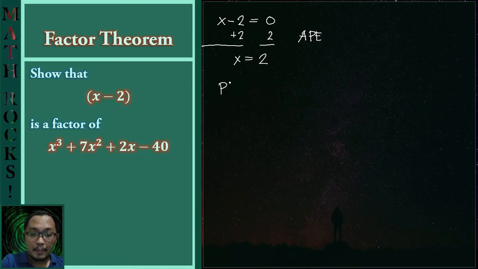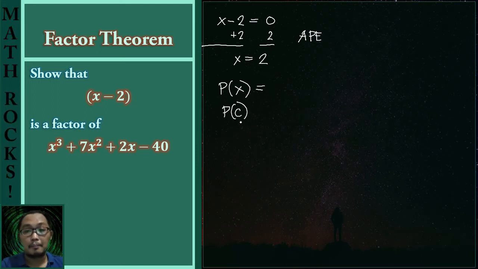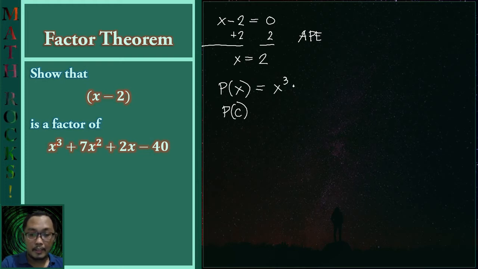Remember that for us to get the remainder of dividing such polynomial p of x by this divisor, we have to replace all the x's with such value of c. So let me write first the original polynomial here.